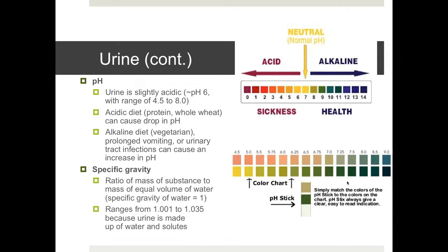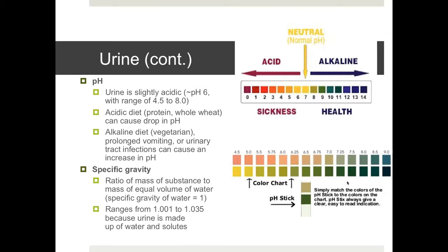So our specific gravity of urine can range from 1.001 to 1.035. And this is because urine is made up of water and solutes, and it can range depending on your water intake and other things like your diet and certain drugs that you might be taking as well.